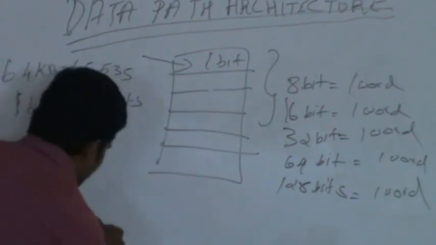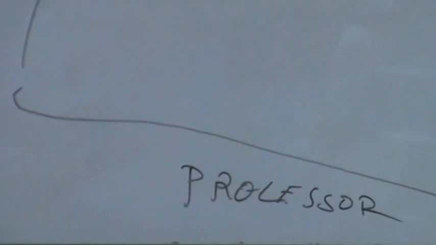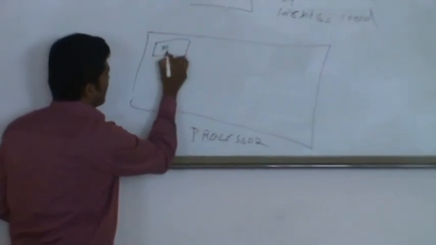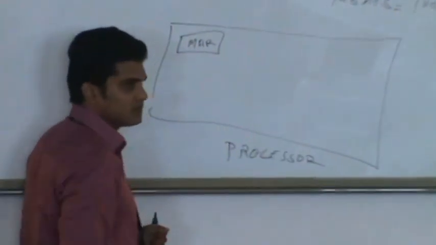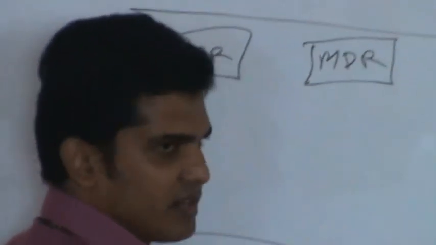On the other side you have the processor. As we know, the processor has various registers. One of the registers is called MAR. The second one is MDR.